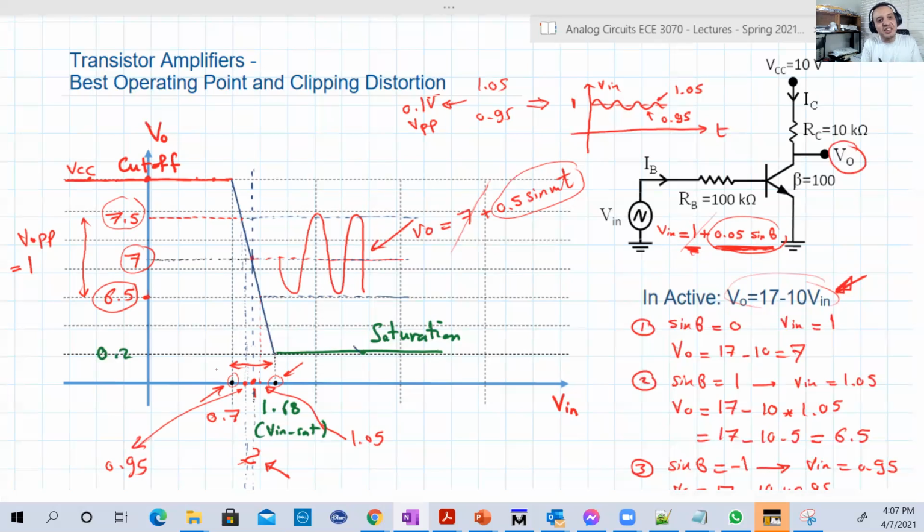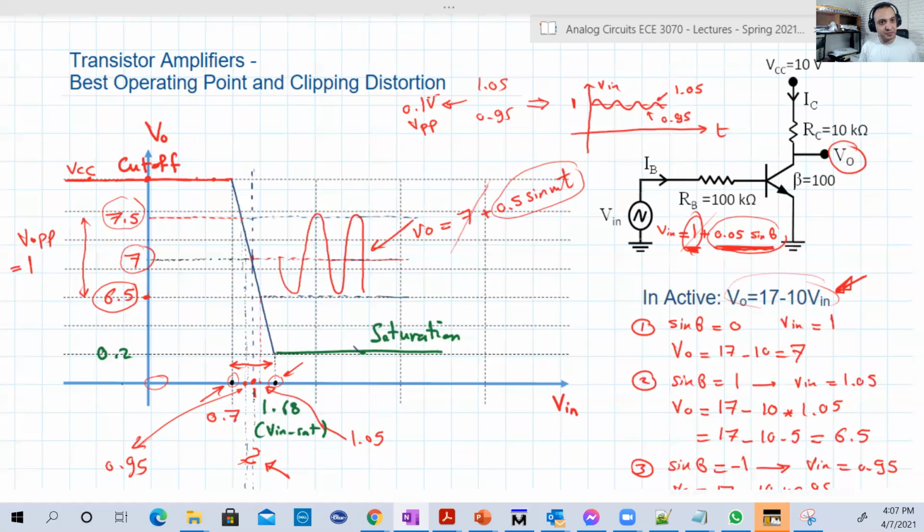But we can't feed the 0.05 by itself to the circuit, without this 1 volt here. Why? If we do that, we will be here in the cutoff region. That's why we have this DC, although we want only to amplify this 0.05 sine omega t. Again, we put the DC here to be sure that we are working in the active region.